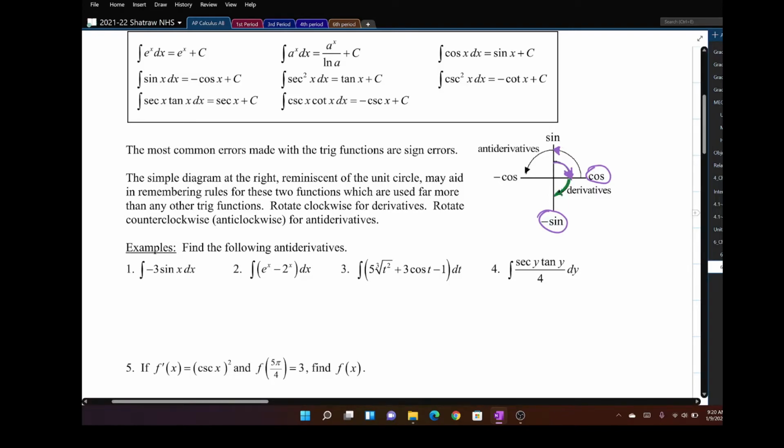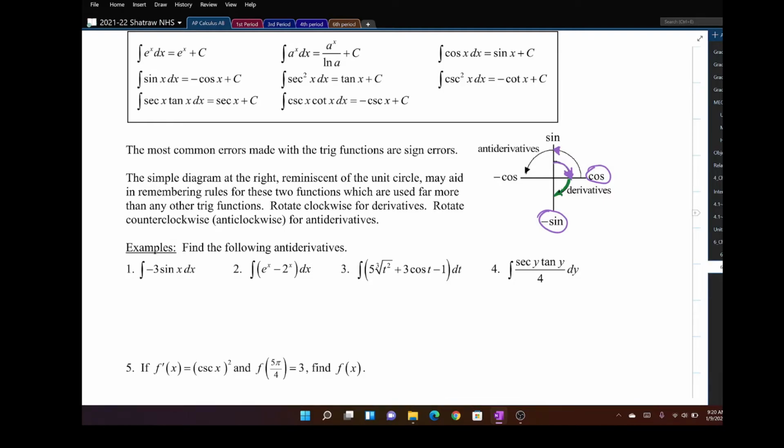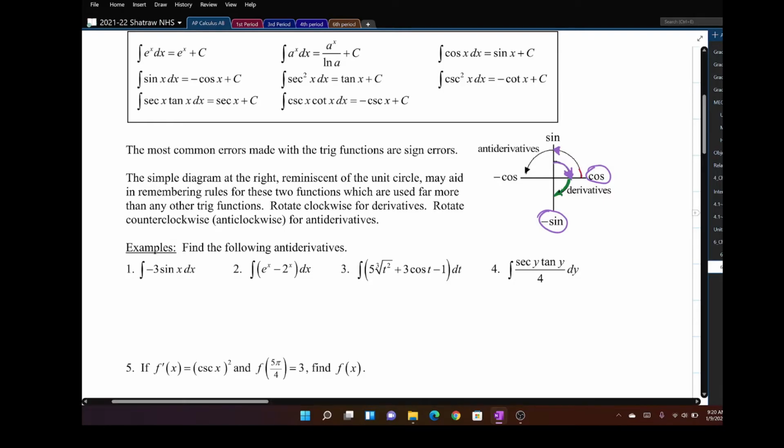And then if I want to go backwards, I want to find, ready, the integral of cosine should be sine. Because remember that this purple arrow, if I want to go backwards, I would get the red arrow, okay? And notice that is right here. The integral of cosine is just plain old sine.